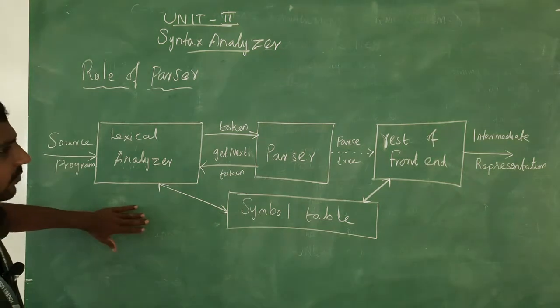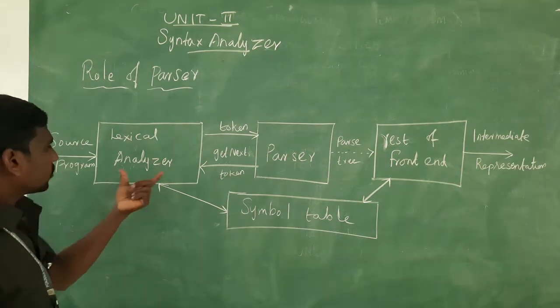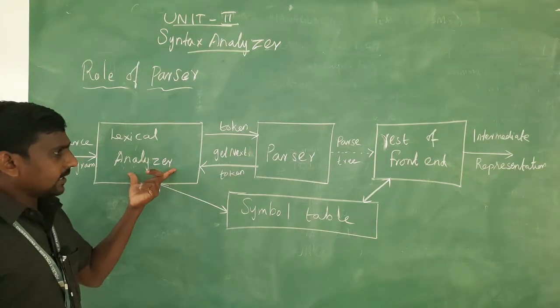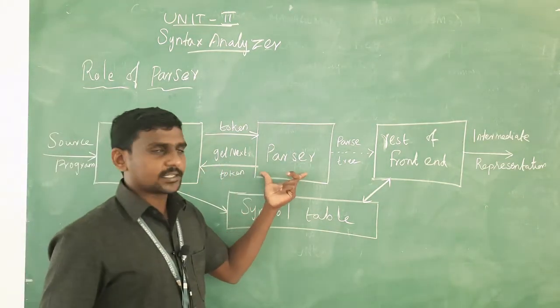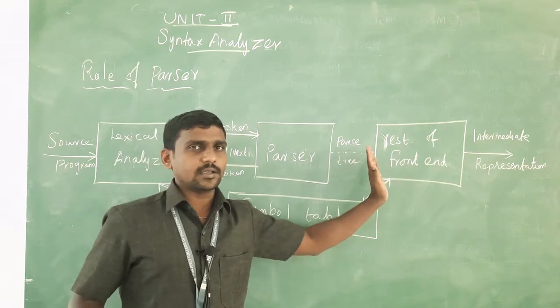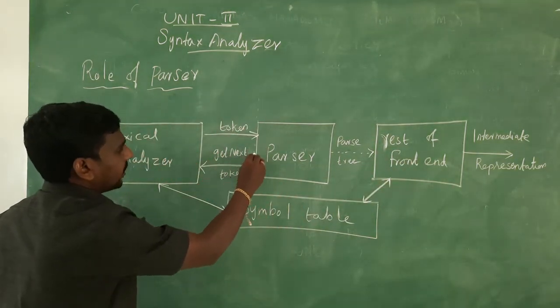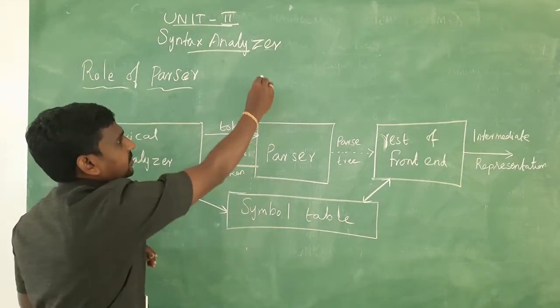So this is the role of lexical analyzer. The first one is lexical analyzer and the second one is parser analyzer. The remaining are the other phases. The lexical analyzer role I already taught you in the first video class.